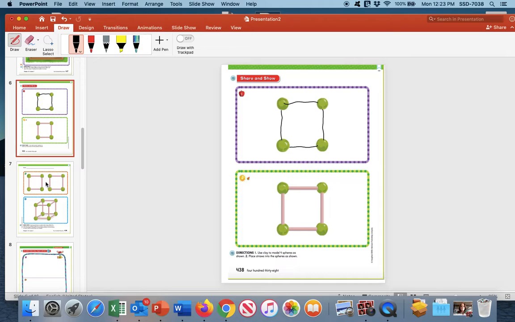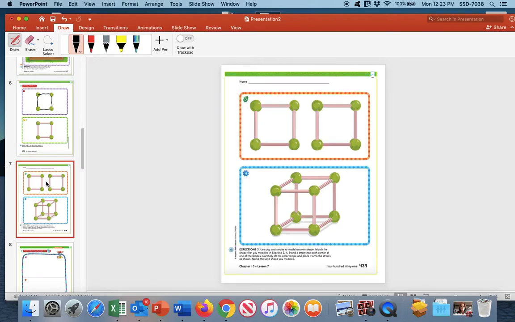Okay, we're going to move on to the next page, which is page 439. Doing this same thing again, you would make 2 squares with your straws and your clay. If you don't have it, that's okay. You can just take a look at this lesson, and using these squares, they put them together, one up here, one at the bottom, and then you'd have to do another one in the front and one in the back.